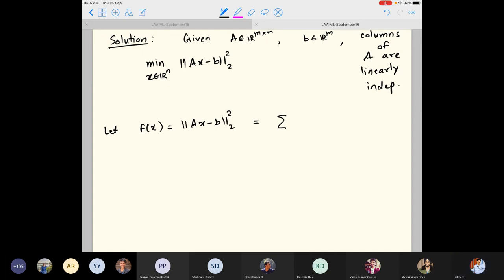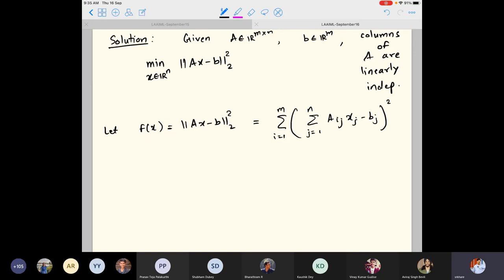Summation i equals 1 to n, summation j equals 1 to n, (aij xj minus bj) square. Is that okay? Can I write Ax minus b whole square like this?